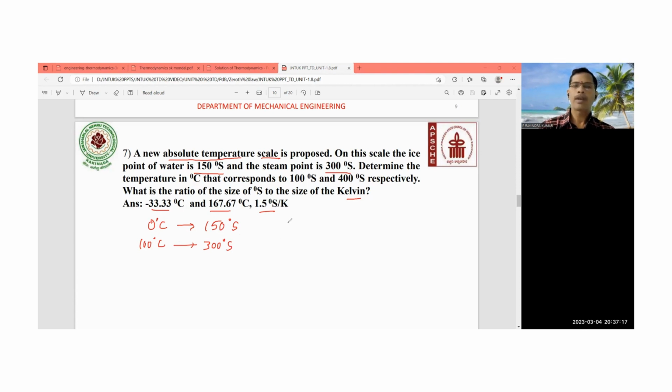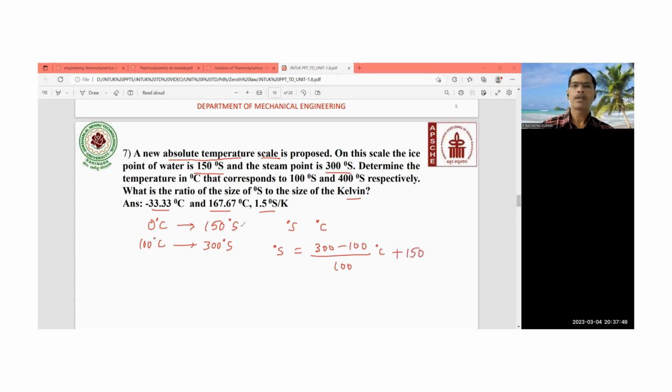The relation between degree centigrade and degree S is that degree S is equal to 300, that is the steam point, minus ice point, that is 150, divided by 100, multiplied by the temperature in degree centigrade, plus 150.